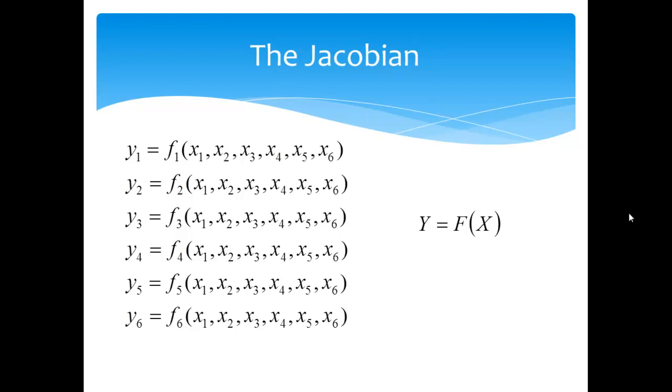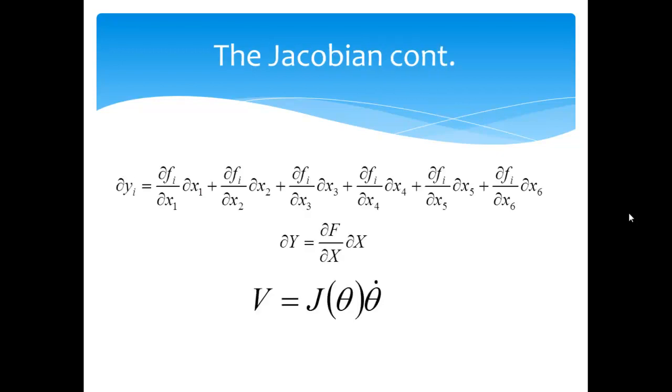One thing that we can do in order to calculate how each input is going to affect the output is to take the partial derivative. If we take the partial derivative and run the chain rule on this, we get that the partial derivative of y is equal to the partial derivative of x. And so this is going to be our first start to getting the Jacobian.